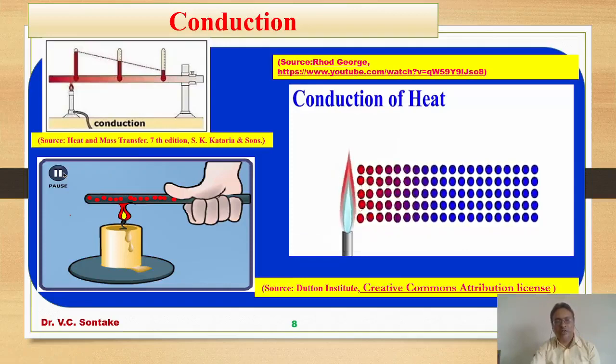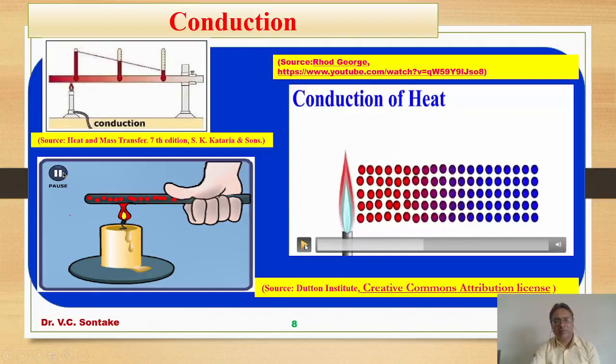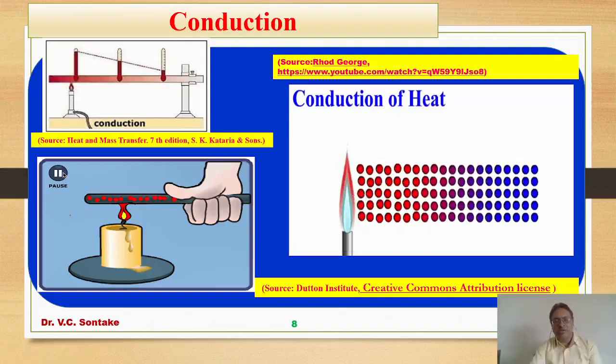That means their temperature and heat energy is increased. Now what happens when the molecules near the flame receive heat? Their heat energy increases, so does the temperature, and because of this increase in temperature, their kinetic energy is also increasing.